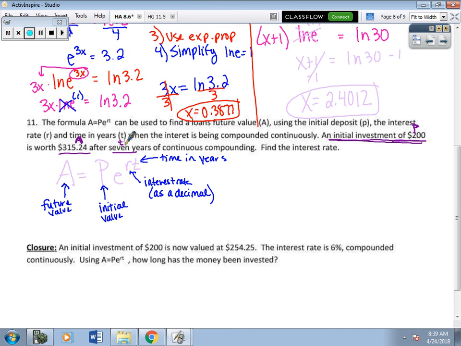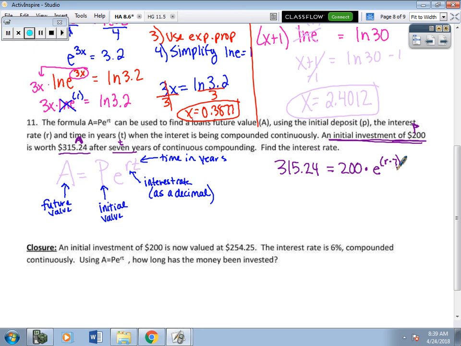Find R, the interest rate. So 315.24 goes in for A, equals 200 times e to the 7R power.